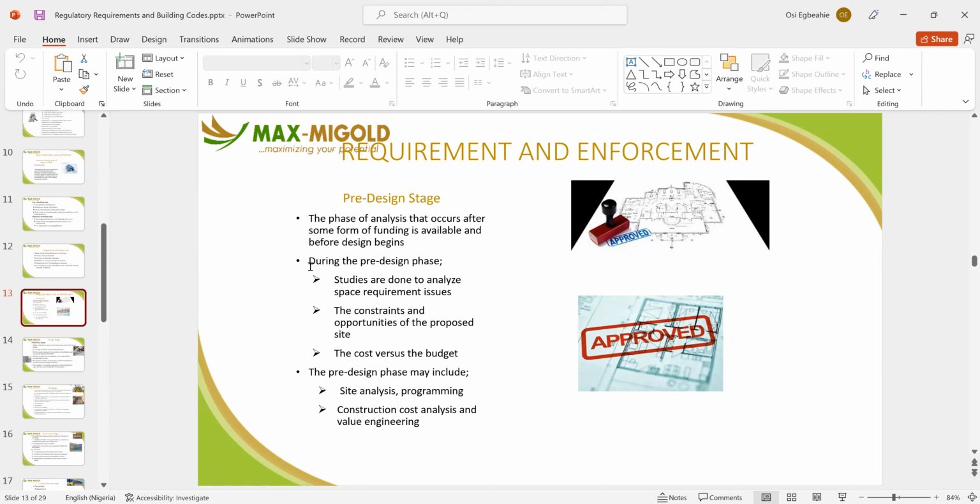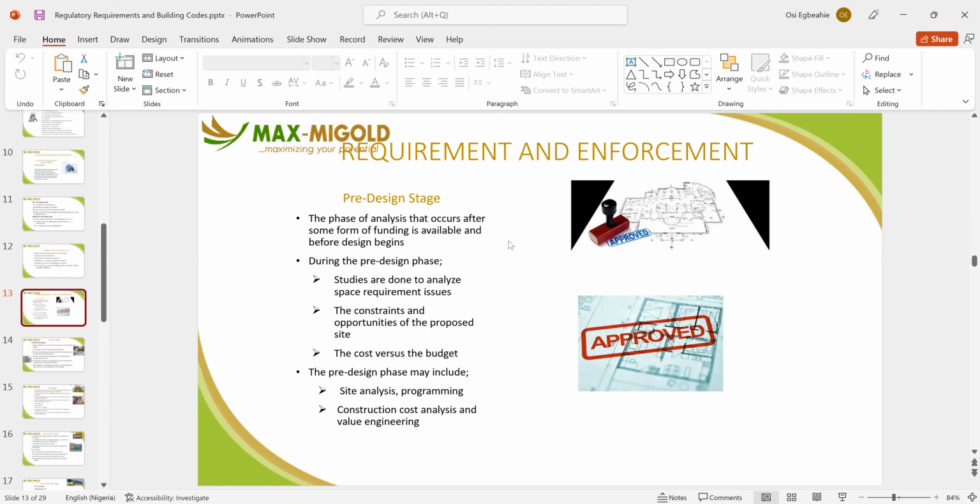This is the phase of analysis that occurs after some form of funding is available and before design begins. This is when you are trying to take off the construction, the building design itself. You are trying to decide, this thing I want to do, how do I manage it? And then that's when you take that decision. You have a code to guide you through the process.